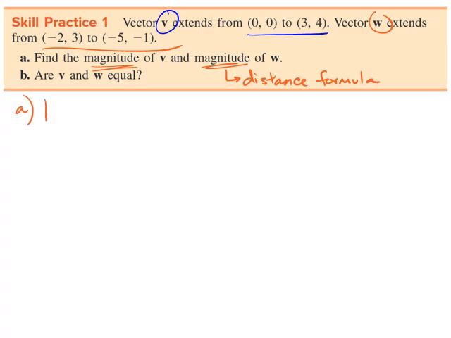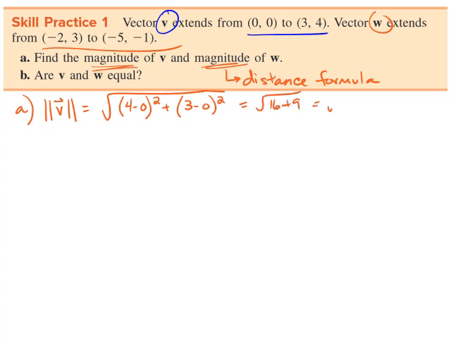The magnitude is denoted with this notation. Sometimes people draw a bar or an arrow over that. The distance formula says y2 minus y1 squared plus x2 minus x1 squared. So this gives me the square root of 25, which reduces to 5. So the magnitude or the length of this vector is 5. We'll do the same thing with vector w.